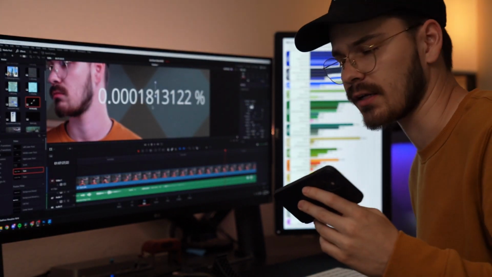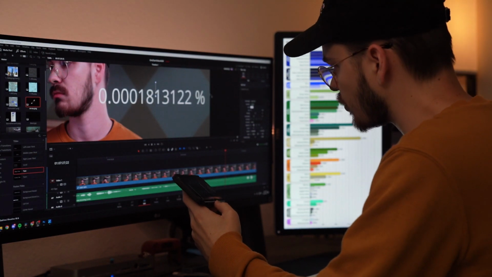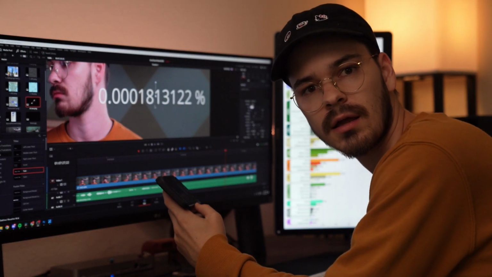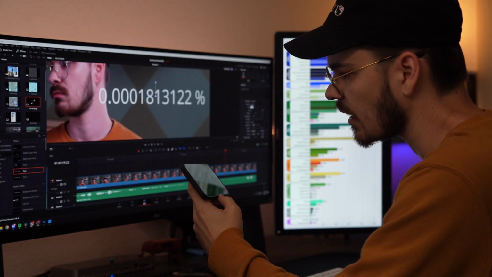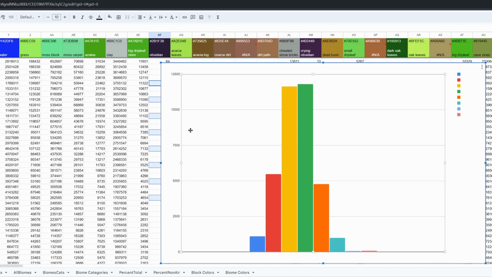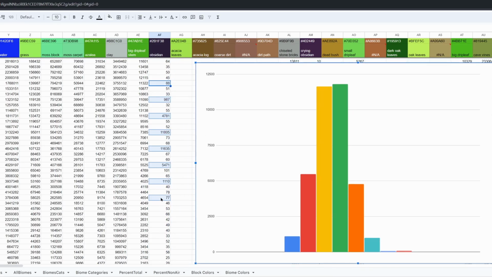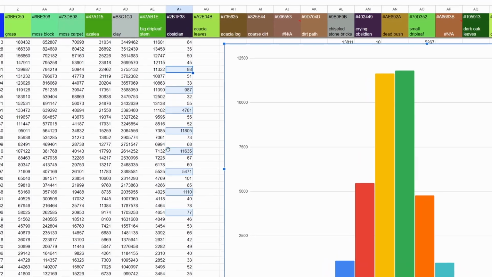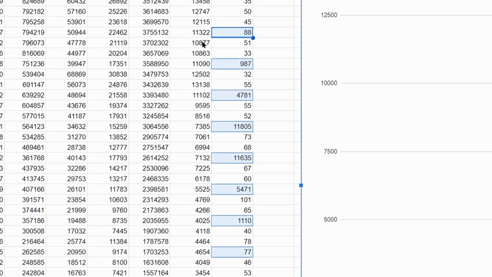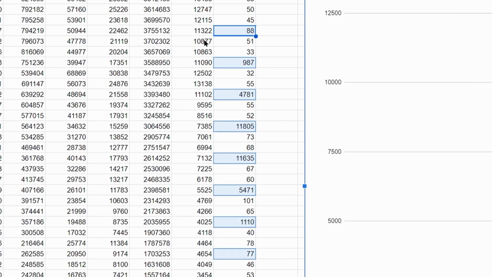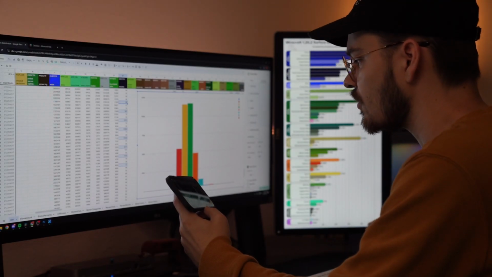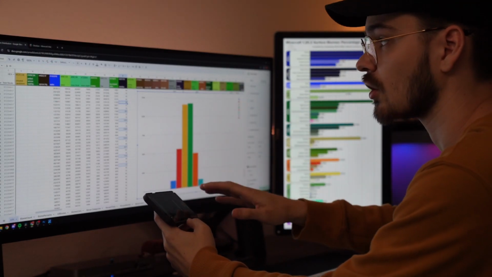Hold that thought for just a second. I was just pulling the percentage of blocks that are obsidian at layer negative 30, and while looking at the numbers here, I've noticed some strange generation. Every other layer has a spike in the amount of obsidian, and it's in a standard distribution curve.